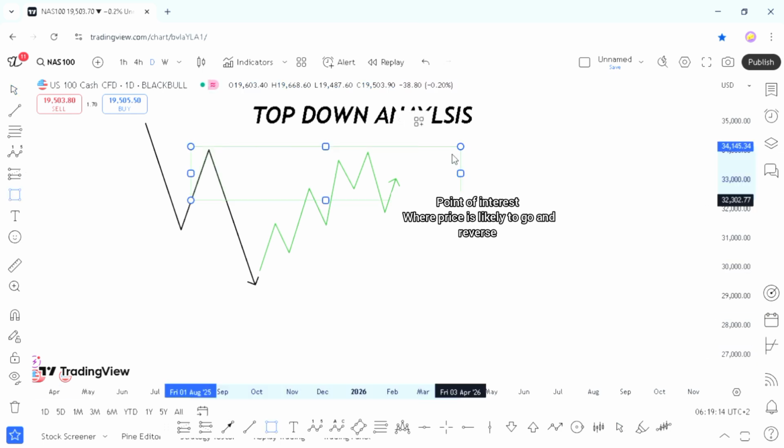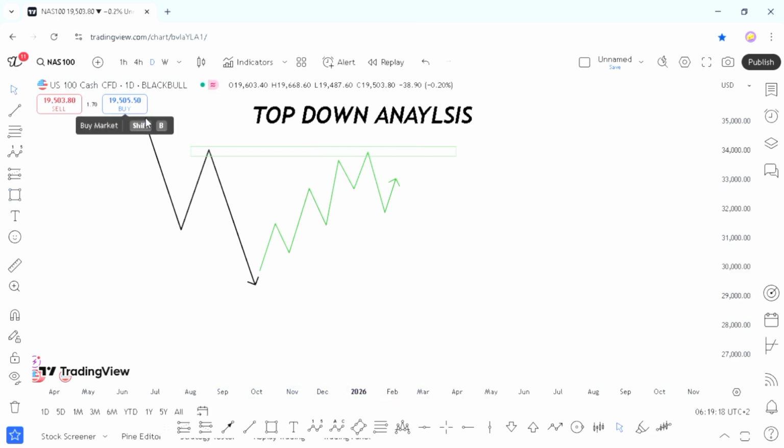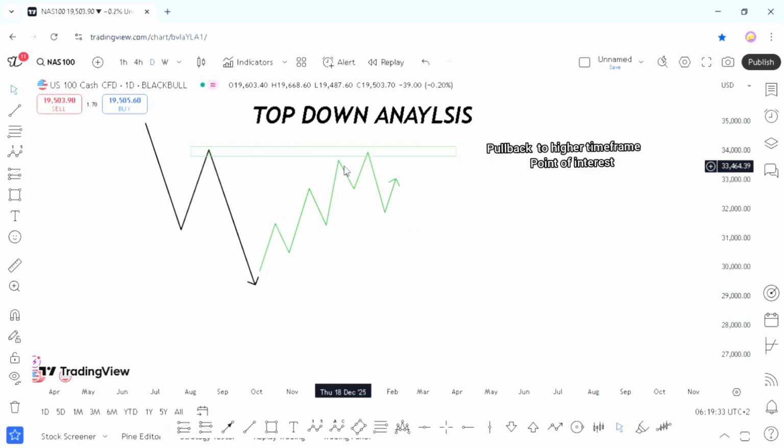So this will be of interest on a higher time frame because we pushed and then we had a pullback and then we pushed to take this low out, and then all of a sudden on the lower time frame, the 1 hour, the market is going back to that zone, you see.